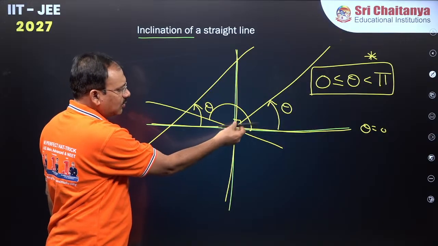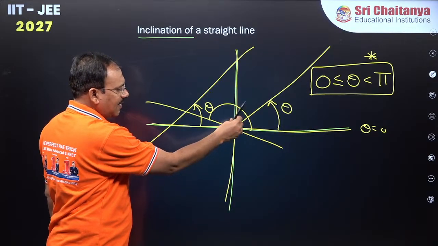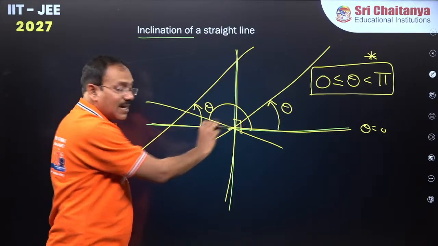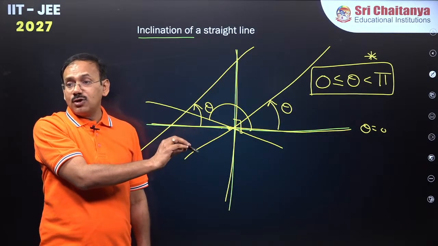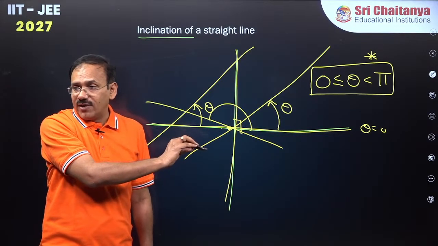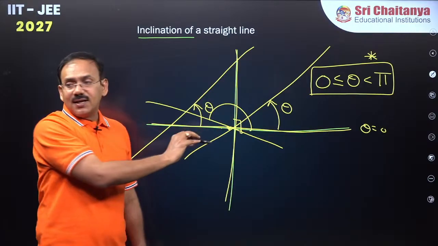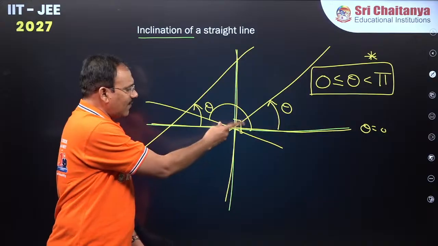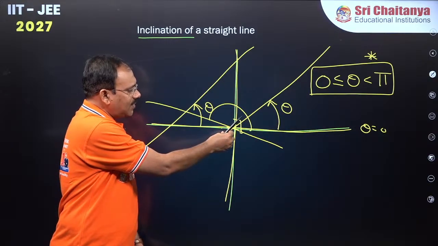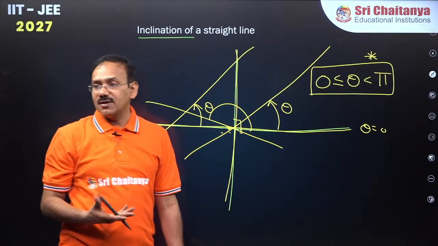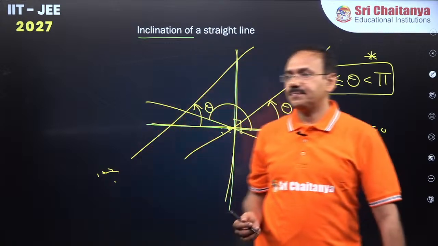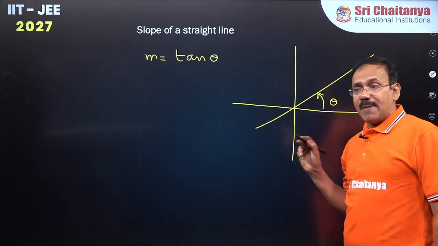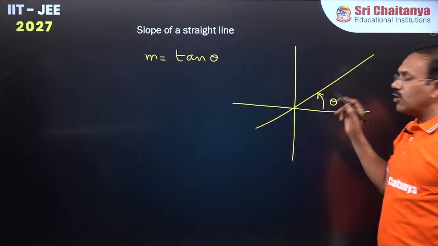This is 0, you see the tip, this is the line, 90 and so on, almost 180. 180 means this line and the 0 line are the same. Why two values? I want to make the function one-one. So 180 degrees is the same as 0, so remove 180, let it be 0. 181 is the same as 1 degree, 190 degrees is the same as 10 degrees, right? Got it?